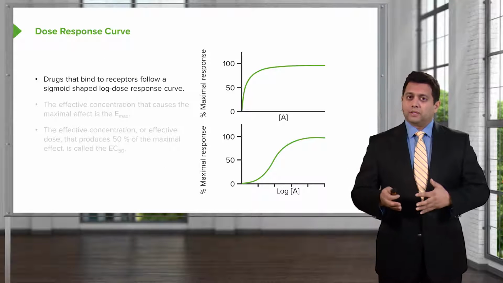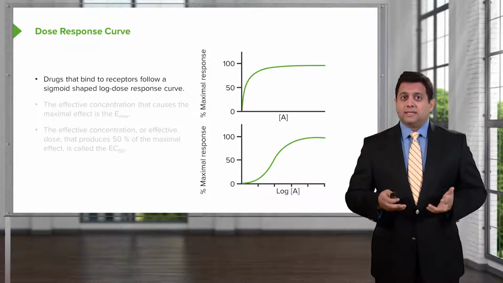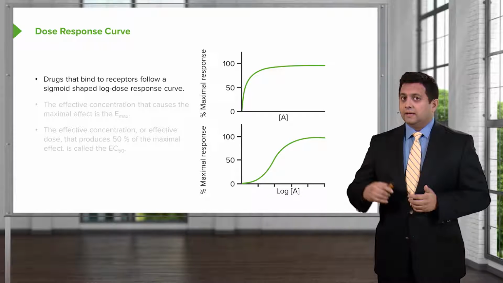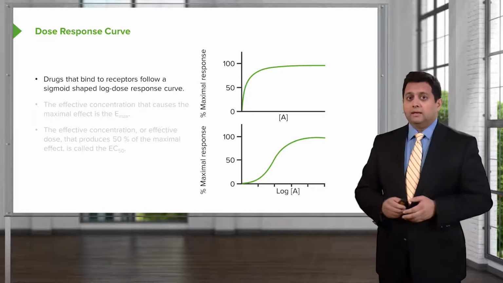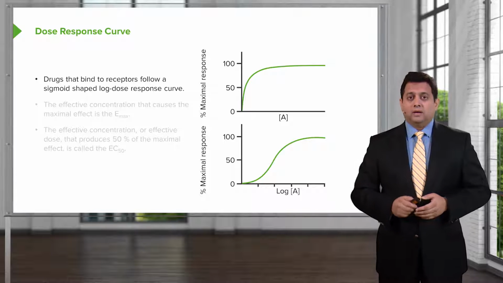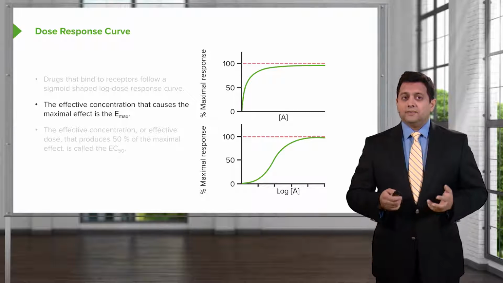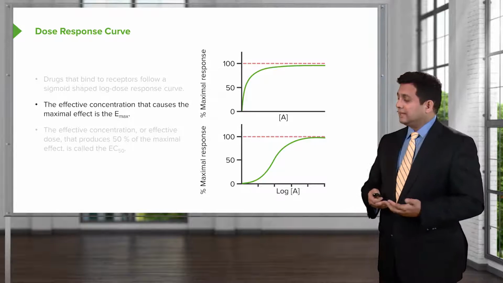So dose-response curves can be logarithmic or non-logarithmic. Here is an example of the same drug portrayed in two different ways. The top is the absolute value, and the bottom scale here is the logarithmic value on the horizontal axis. The effective concentration that causes the maximal effect is called the Emax.